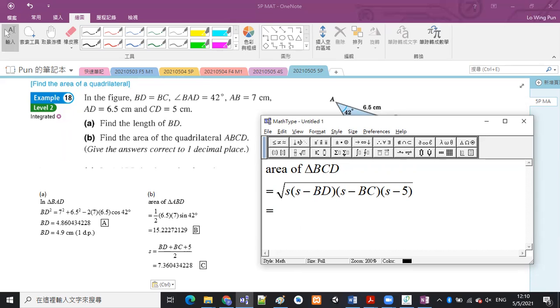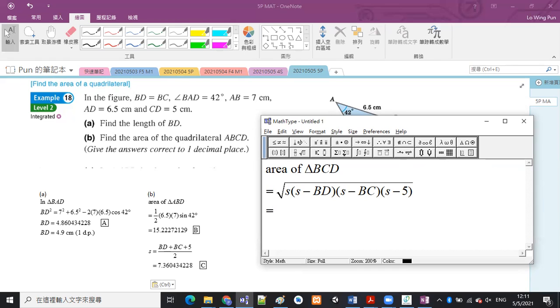Then, square root, I will calculate this inside square root first. S is memory C. So C, remember how to get the ABC out? It's alpha and then that letter. Then bracket C minus A bracket C minus A bracket, and then bracket C minus 5.